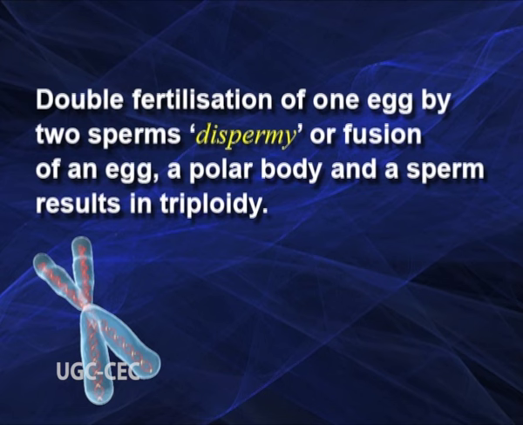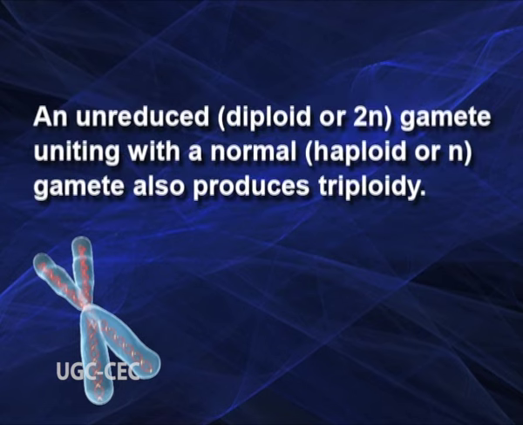First, double fertilization of an egg by 2 sperms, that is dispermy, or fusion of an egg, a polar body and a sperm cell results in triploidy. Second, an unreduced diploid or 2n gamete uniting with a normal haploid or n gamete also produces triploidy.